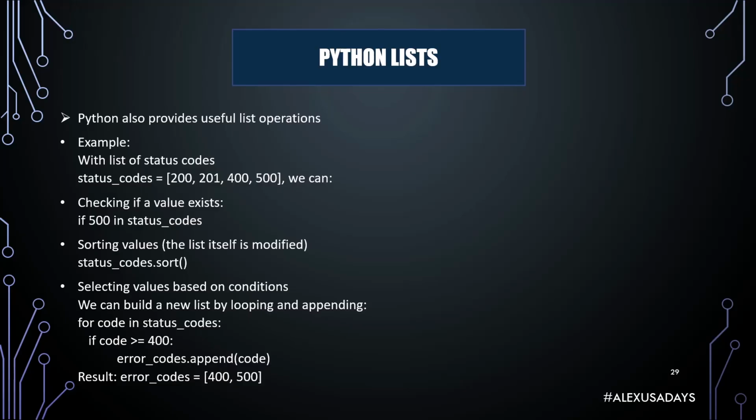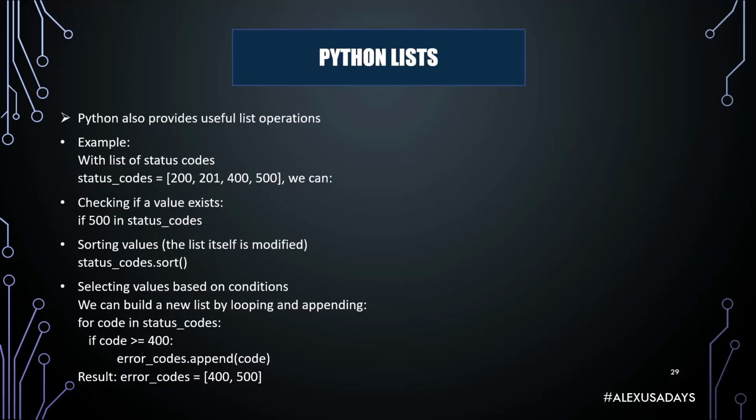So if your list is out of order, it will store your values in ascending manner, from the lowest to highest. Selecting values based on conditions, we can build a new list by looping and appending. So we can loop through all of the values in a list, and when values match a specific condition, we can then append those values to a new list, store them in a separate list, and print it out.